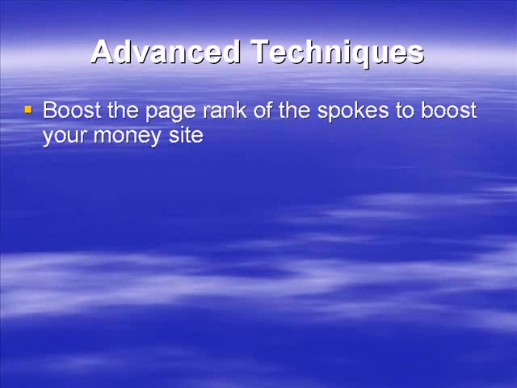You will find that out of the top 10 results, you may own 6, 7, or even 8 of them, or perhaps more, which means that pretty much whatever anyone clicks on, they're coming through to one of your sites. If you own 1 of the top 10 results, you have effectively a 10% chance of getting a click-through. If you own 8 of them, you have an 80% chance of getting someone to one of your sites. So you can see it's very powerful to have that domination of the search engine results.